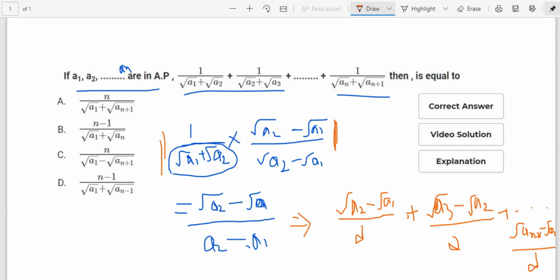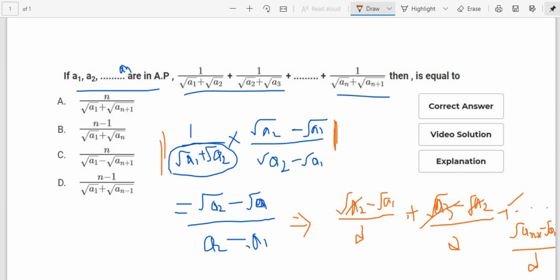So from a2, the plus and minus terms cancel, and a3 will be cancelled with the next term.